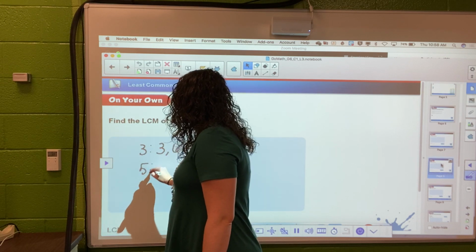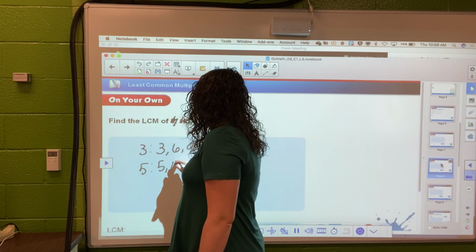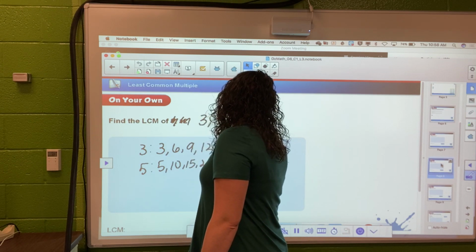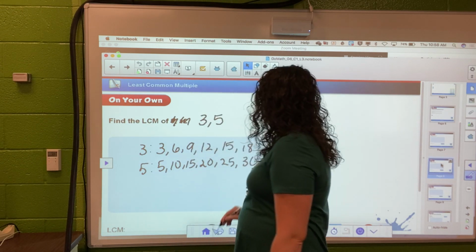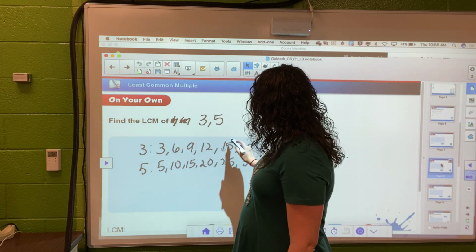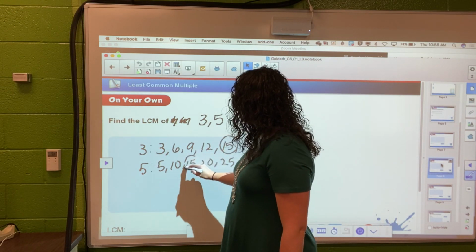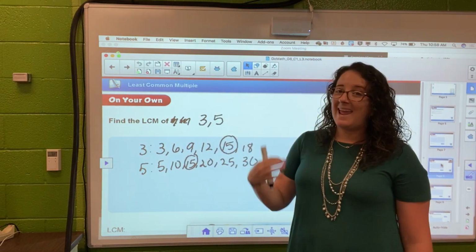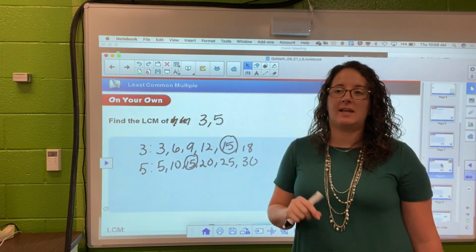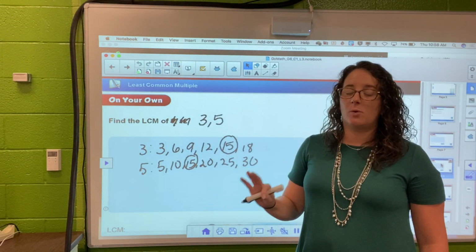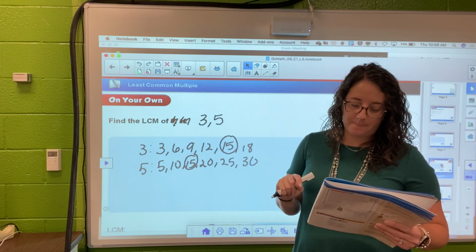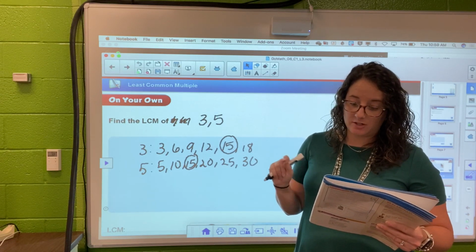For 5, 5, 10, 15, 20, 25, 30. So in this case, our least common multiple is 15. We can find the least common multiple in this case by just multiplying 3 and 5 together, but that's not always going to work.